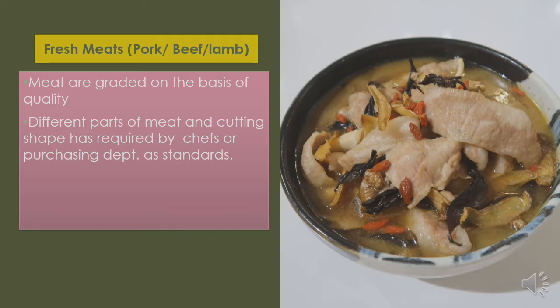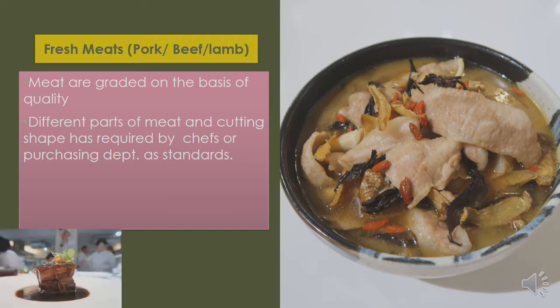And you get different parts of the meat, and the cut shapes are also different. So a restaurant may require a specific size of meat, how to cut it, and which part of the meat you want, especially the chef or purchasing department, to try to make it a standard. For example, this is Dongpo pork.